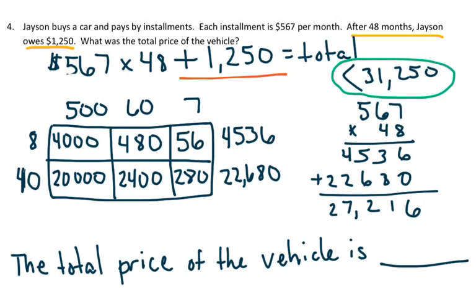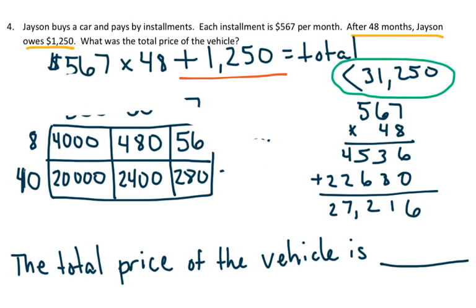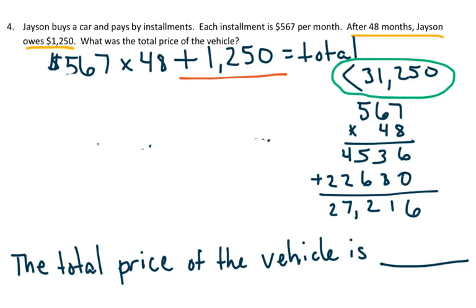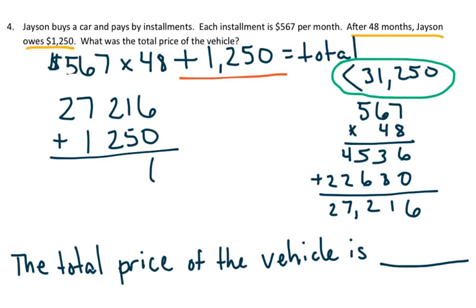So I'm going to erase the area model just to make room here. And we're going to have to add 27,216 and 1,250. So let me just do that right here. And we're adding those together.